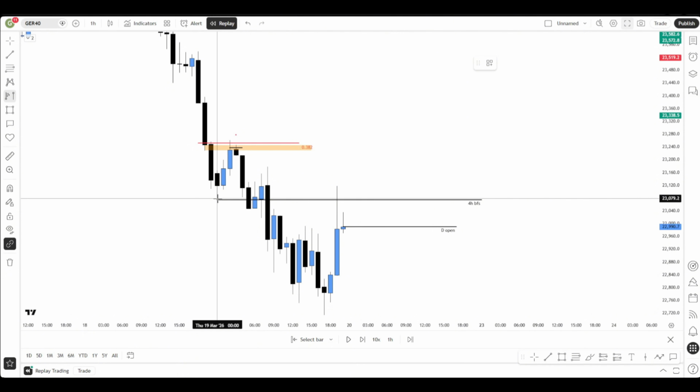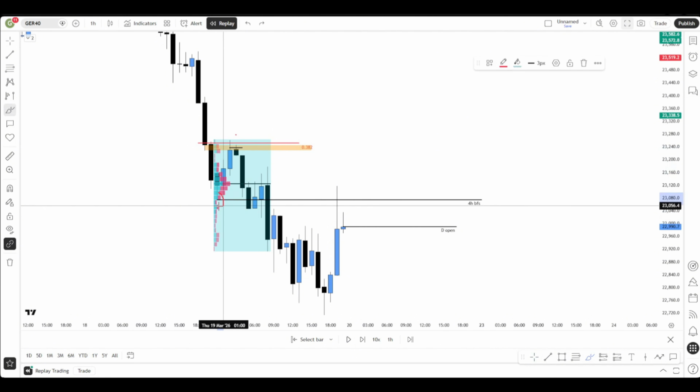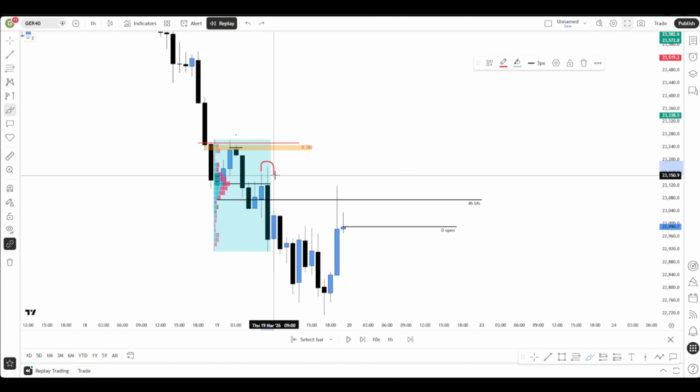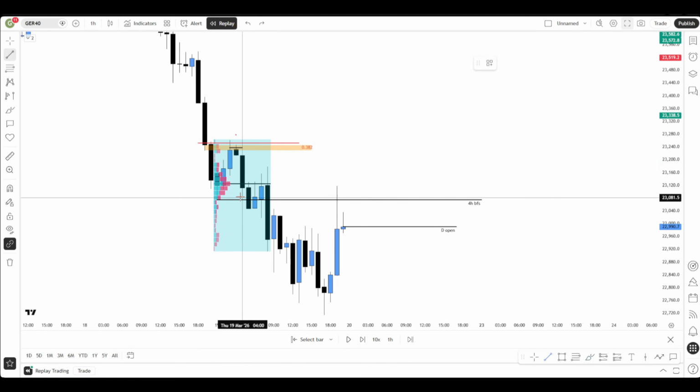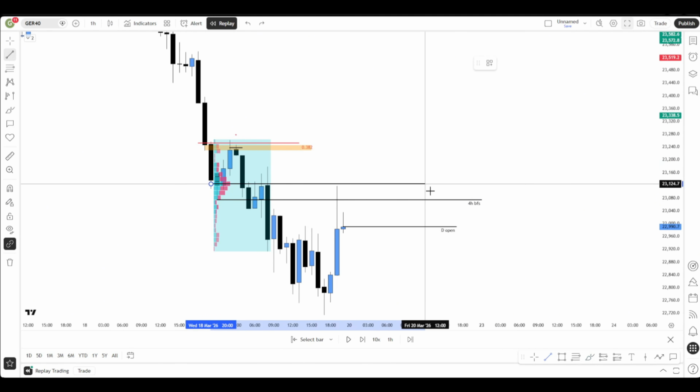Okay, so start of the push, this is the 4H level, and we're going to put it all the way towards the last candle in the range. So the 4H buy before sell started at this level. The last candle was this one, so from this level to this level, and as you can see, this is the continuation level, much more refined.